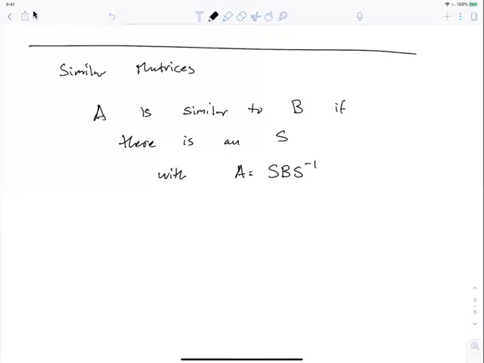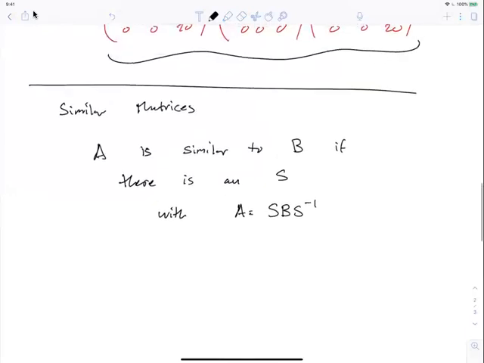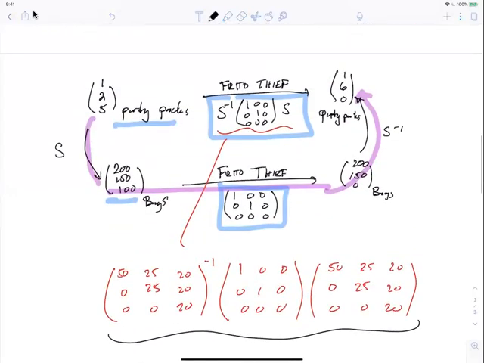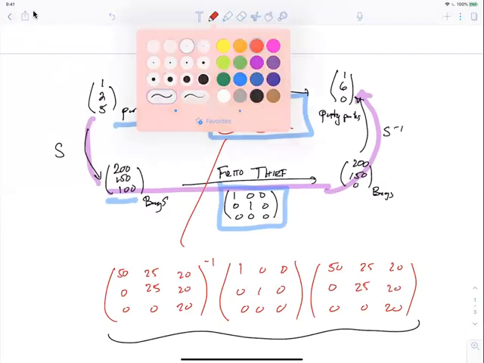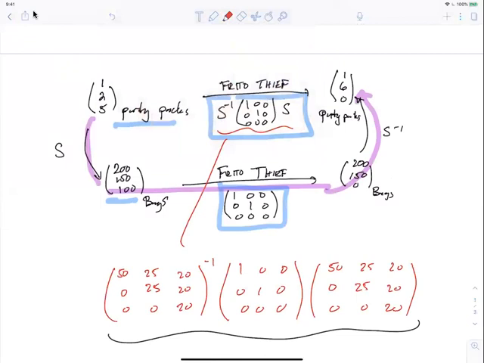So above, we were able to write these two matrices because there's an S. And in this case, this S here is explicitly this matrix right here. That's the S.